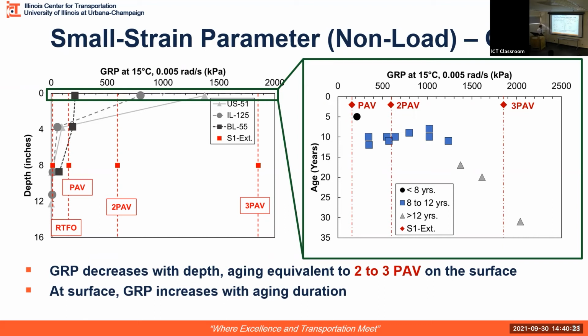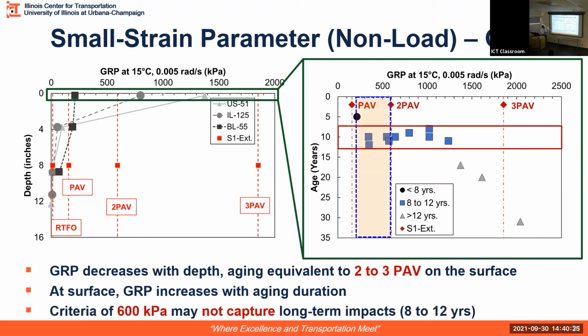And at the surface, this is where our interest is for long term. And this box can change based on what your long term is. So here, for considering long term, we are considering a range of 8 to 12 years as a typical range of long term aging.